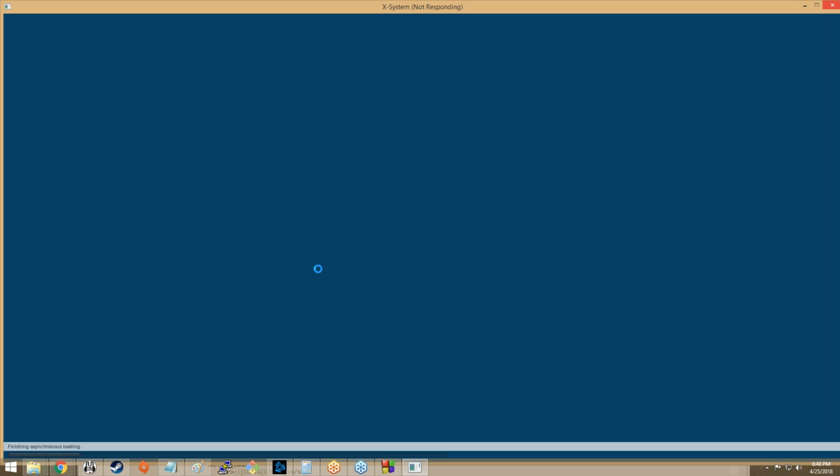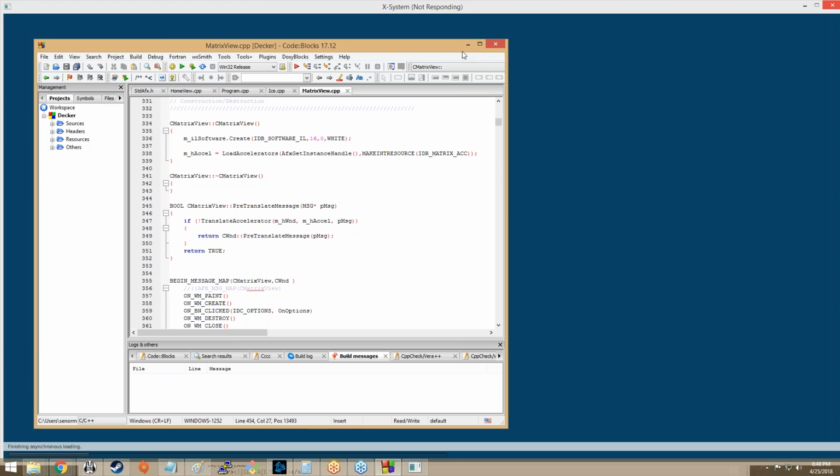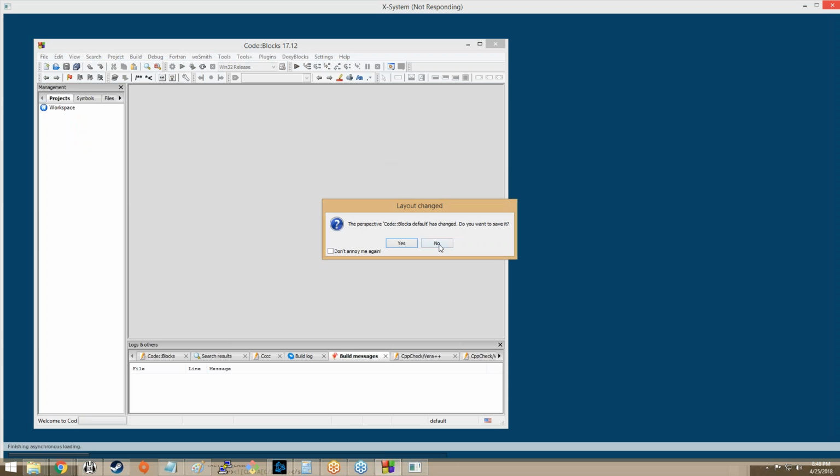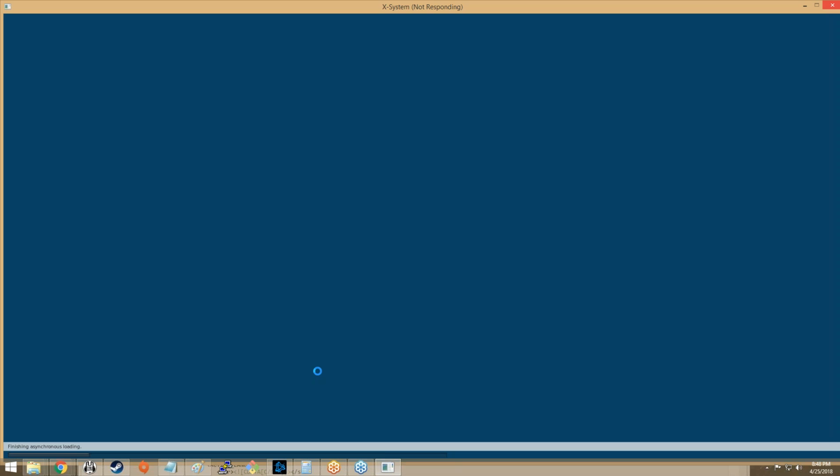I do have a lot of things open, it's true. Finishing asynchronous loading. I am not entirely convinced that that was a result of me closing that program. I think that just happened to be coincidental, but that was certainly quite the coincidence.